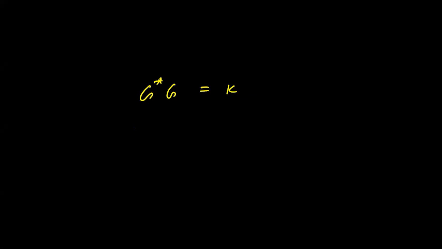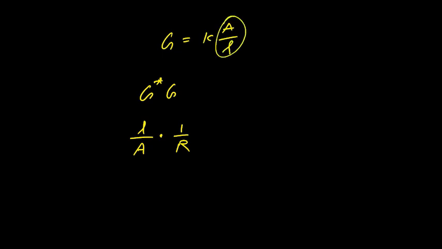Why? Because G asterisk, we know, is L by A, and G is 1 by R. You know the formula G equals kappa A by L. If you bring A by L to the left-hand side, it becomes L by A, so G equals kappa, and L by A is G asterisk. So it will be equal to kappa.